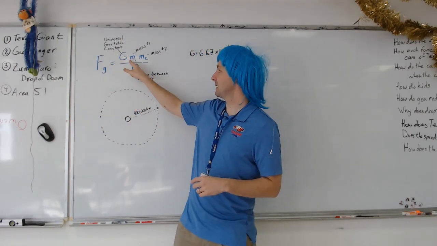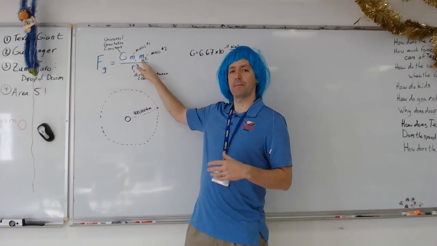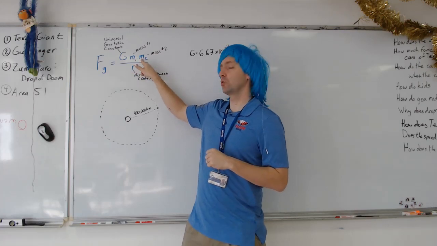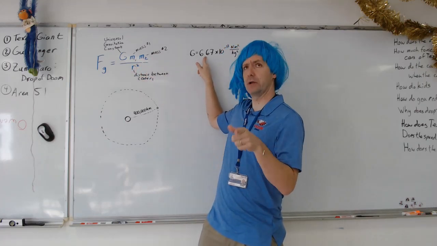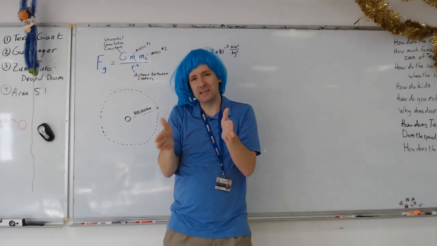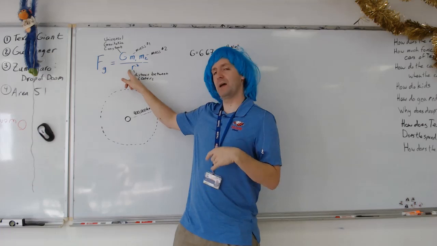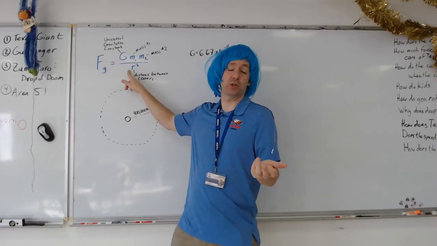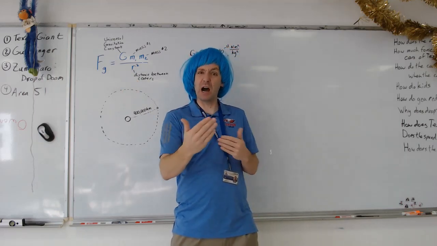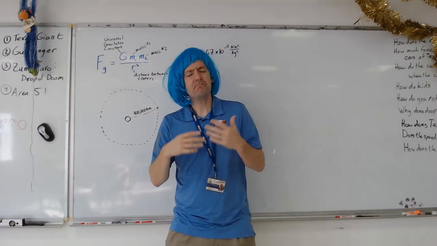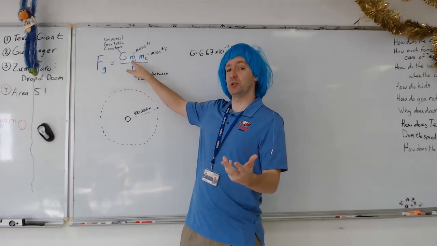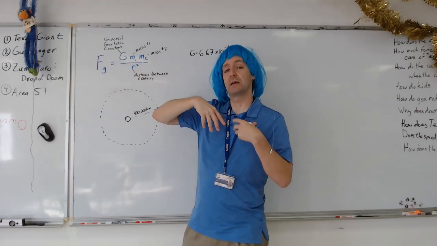What that means is that if your masses are small, like the force of gravity between me and you, when we multiply that by 0.0000 all the way down to the 667, it's basically going to be 0, especially once we divide by the distance between us, which is in meters, which right now could be a number of kilometers, and therefore the force of gravity between us is very, very small, basically negligible, especially when we compare it to the force of gravity between us and the Earth.